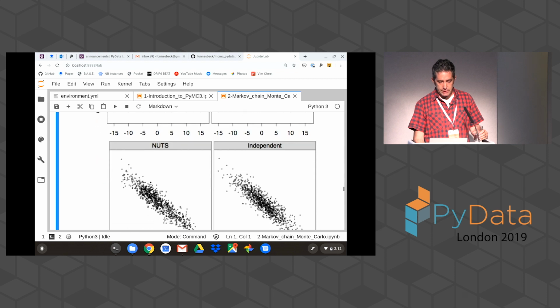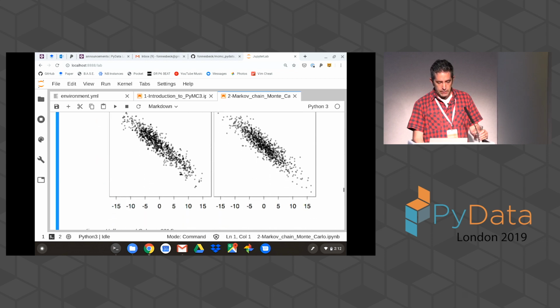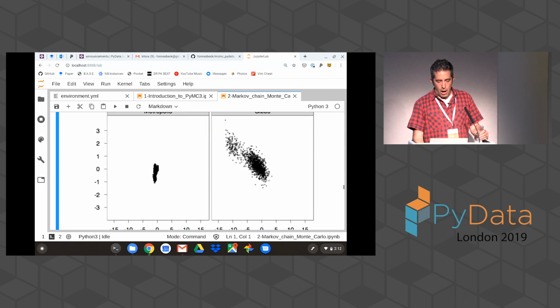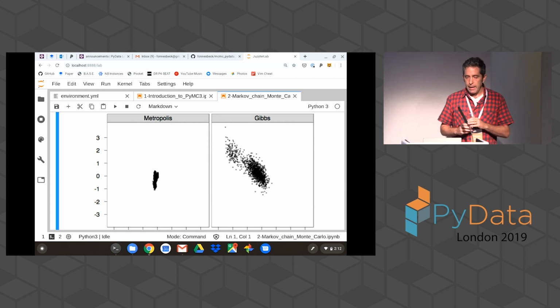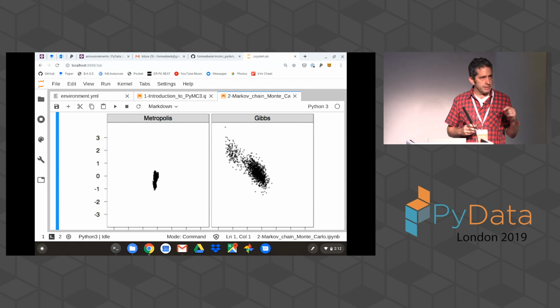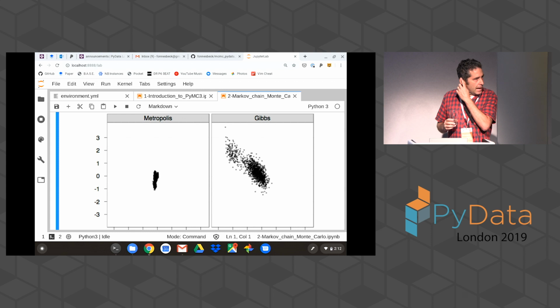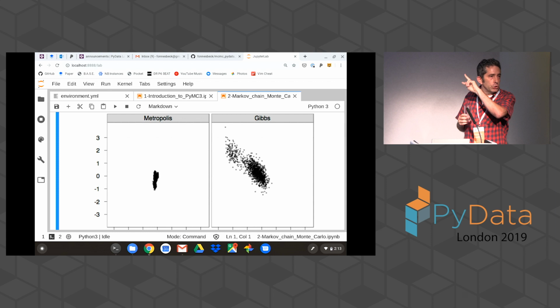In fact, this is from a paper from Hoffman and Gelman. This is a complex but simple model. I think it's like a 10,000 dimensional multivariate normal. So a multivariate normal with k equals 1,000. We'll say it's 1,000. And these are two arbitrarily chosen marginal values from that.